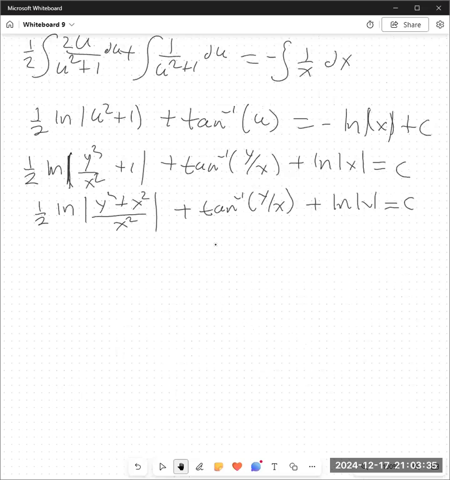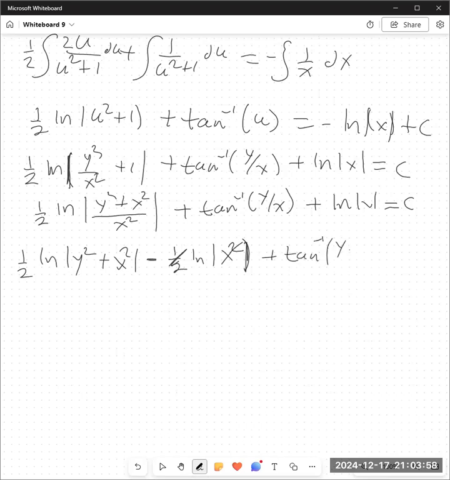Move this a little bit more. 1/2 ln the absolute value of y squared plus x squared minus 1/2 ln of the absolute value of x squared. That 2 comes down with that 1/2 and cancels it out, plus arctangent y over x plus ln of the absolute value of x equals c.